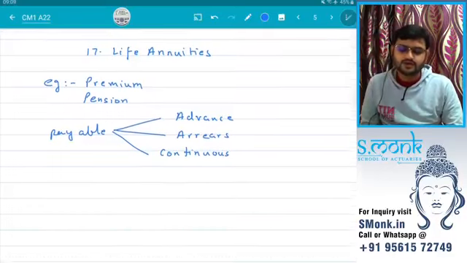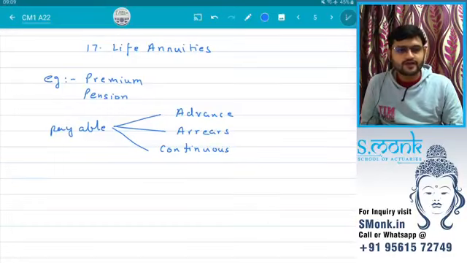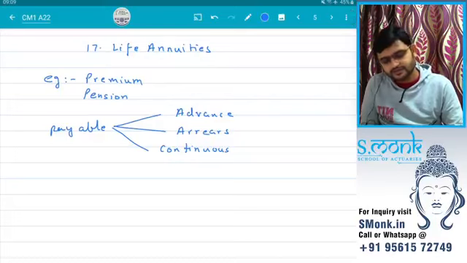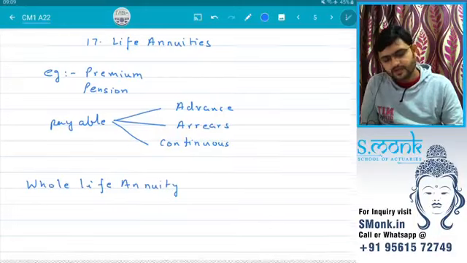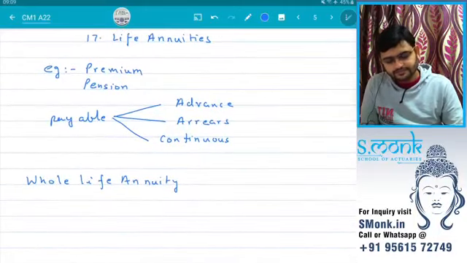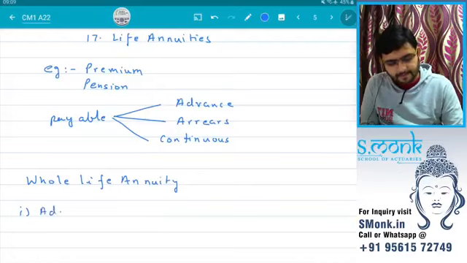The first one we'll call whole life annuity. First we will take it as payment in advance.